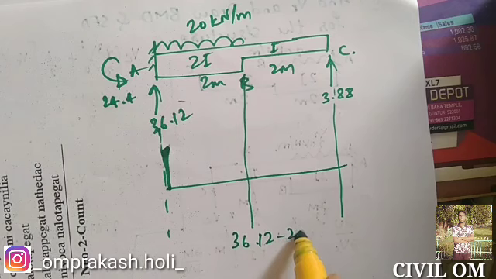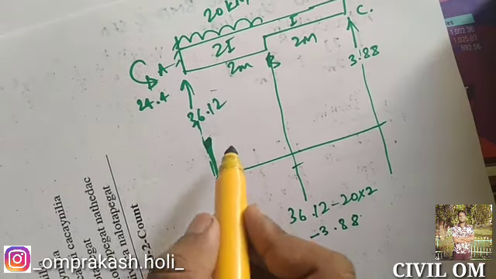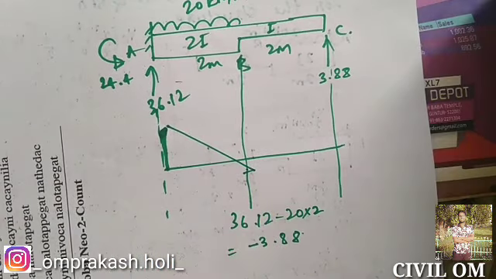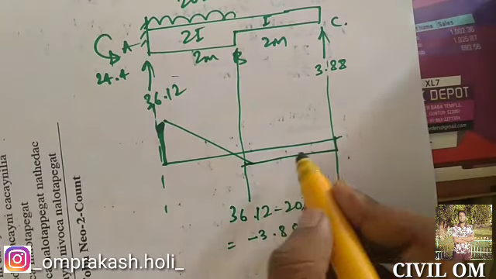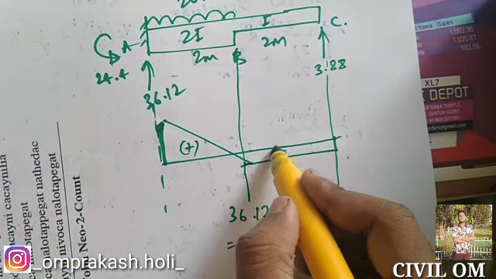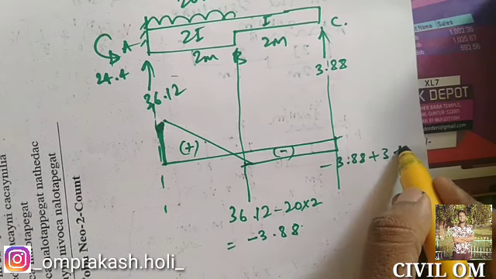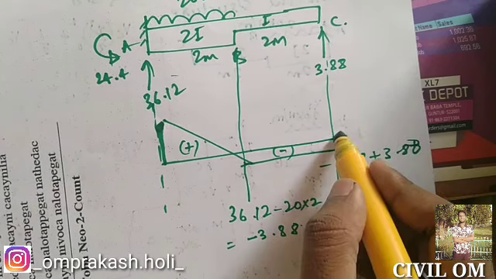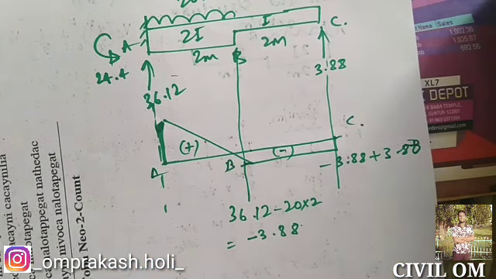The UDL is minus 20 into 2 acting in the downward direction. So this value is 3.88 acting somewhere here. Let's join the points. Next, minus 3.88 plus 3.88, because 3.88 is going upward, is equal to 0. So this is the SFD.